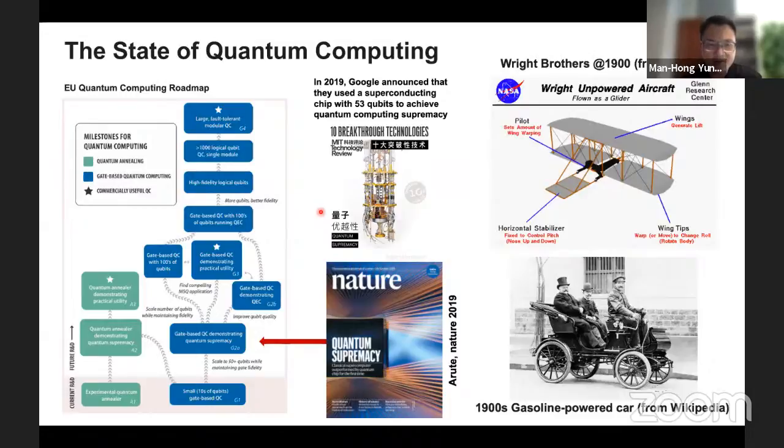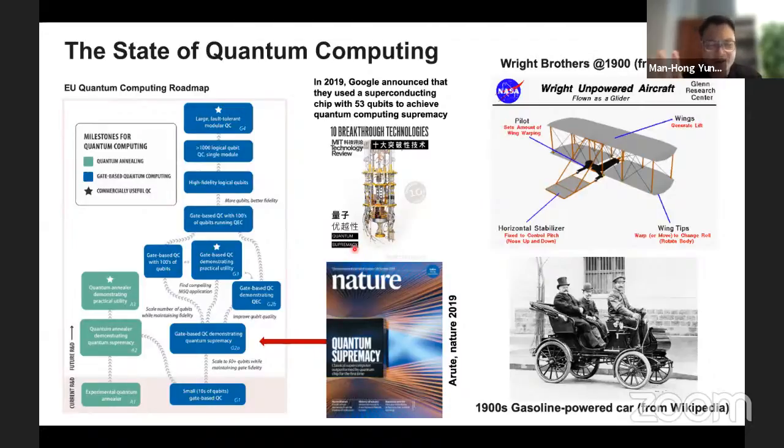So I think it is now pretty safe to believe that we have quantum chips that can perform certain tasks that cannot be reached by a classical computer. Although, of course, the problem is that this task has no practical applications.